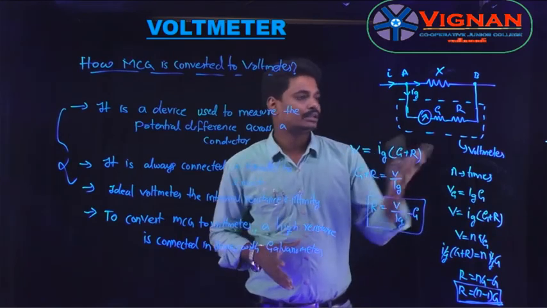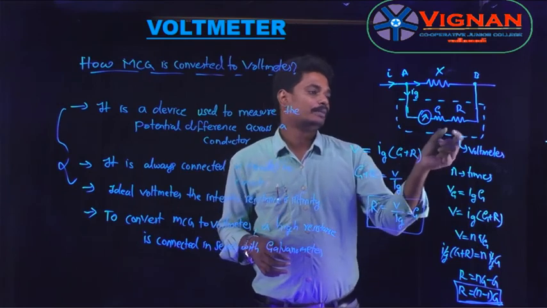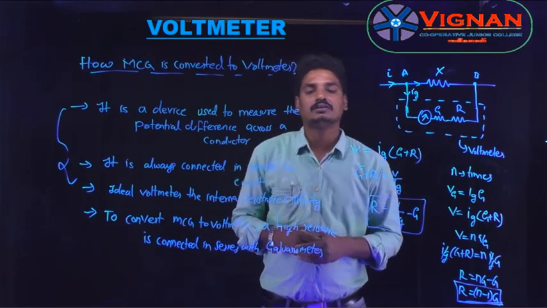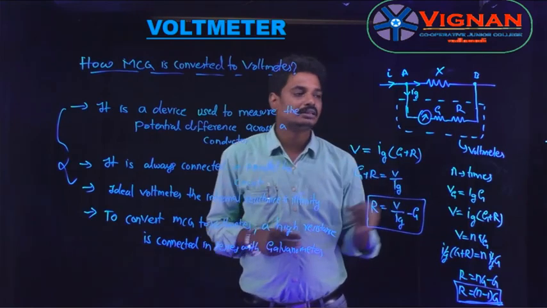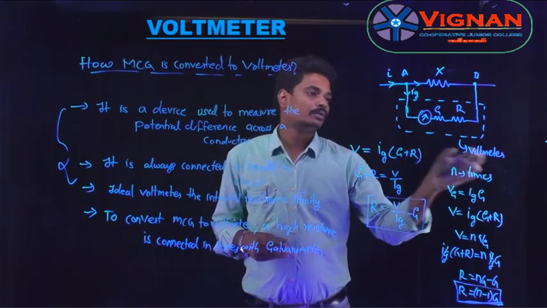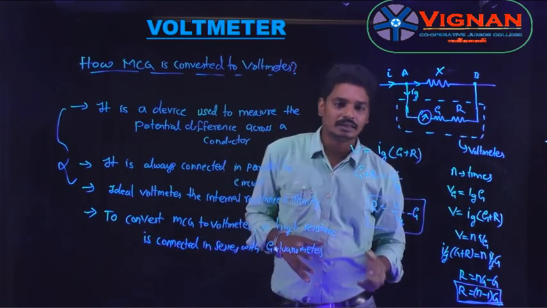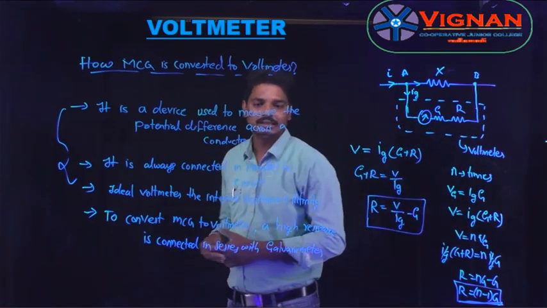As it is not an ideal voltmeter, by connecting a high resistance in series, the total effective resistance of the galvanometer is increased, so that it can be converted into a voltmeter which draws only a small current, from which we can get the readings.